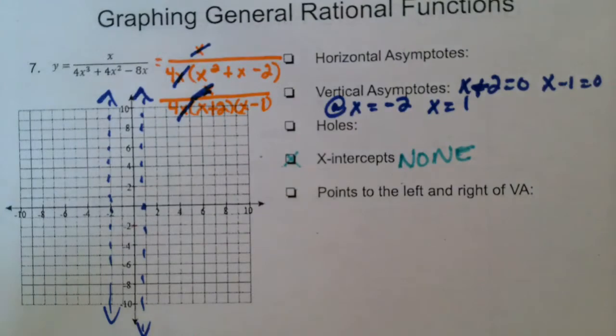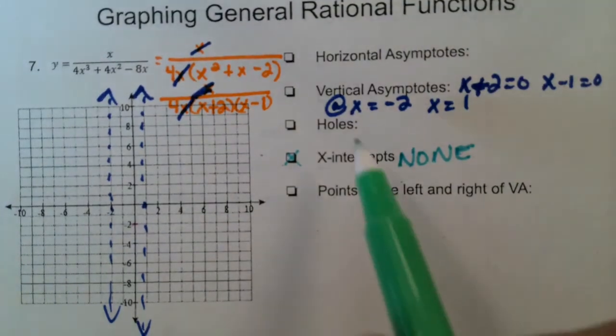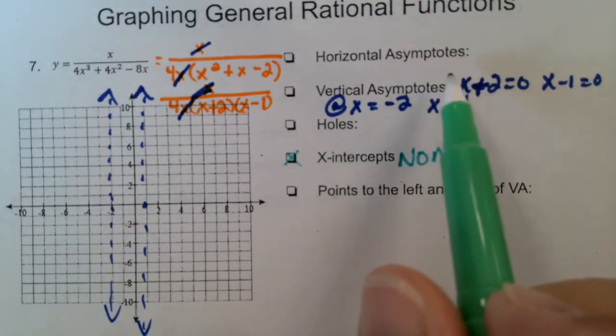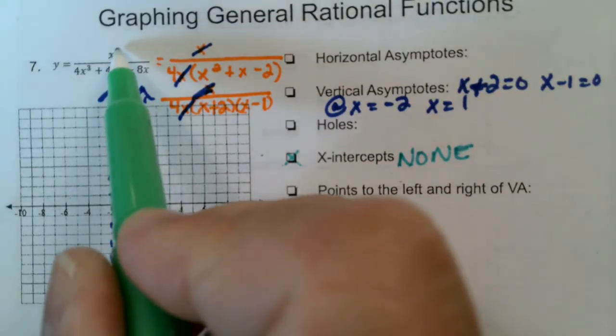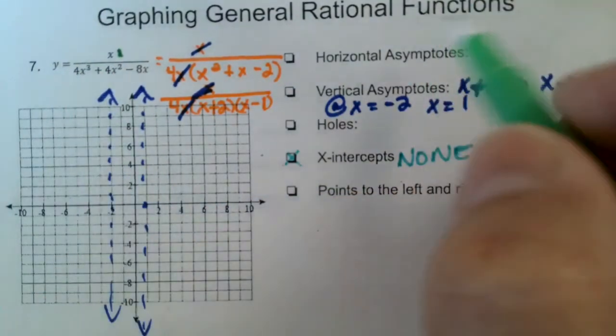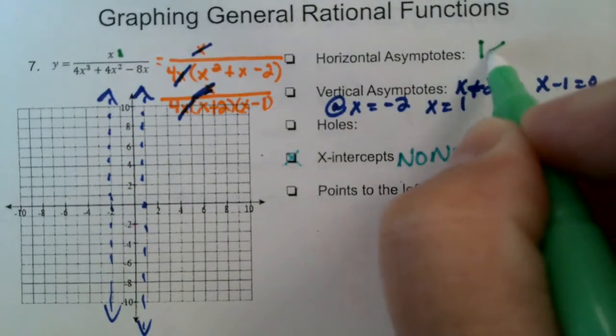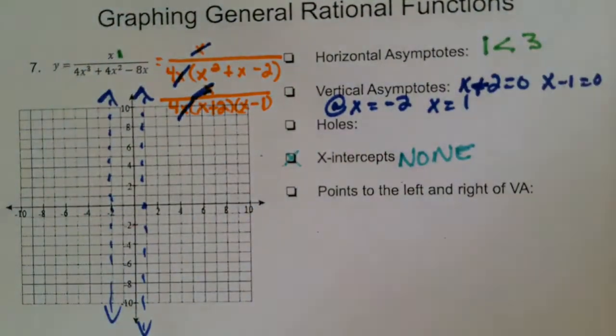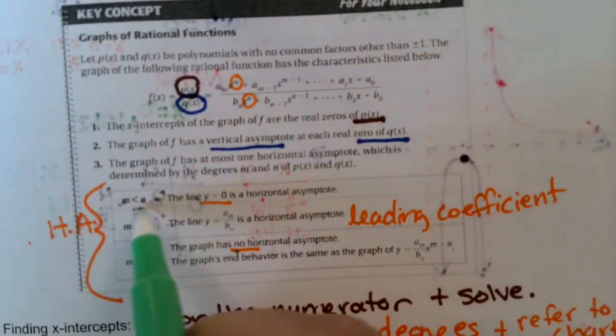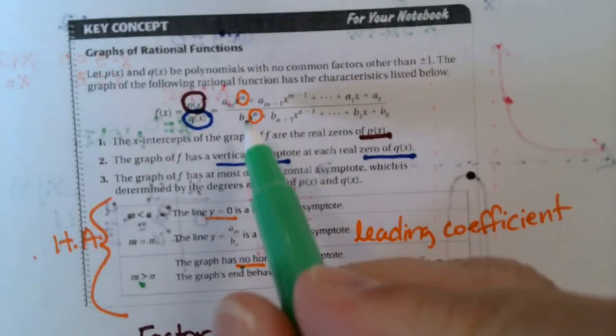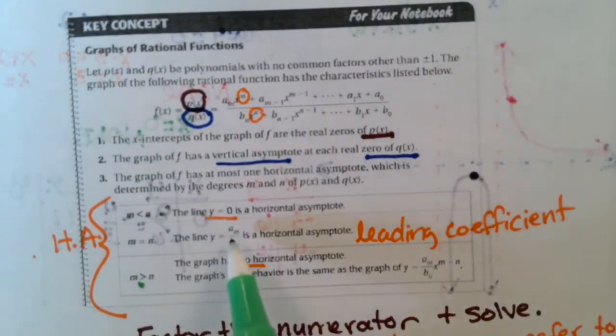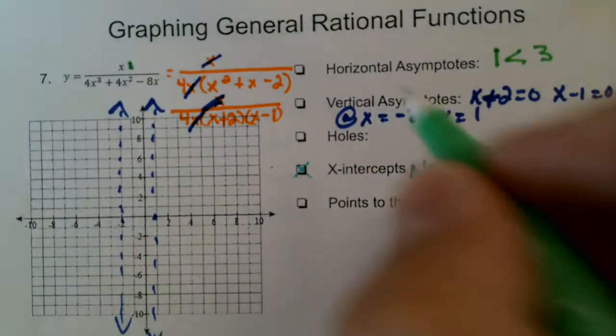Now we are going to look at our horizontal asymptotes. We have a degree of 1 here and 3 here. So 1 is less than 3, and our chart tells us if 1 is less than 3, then it is y equals 0.